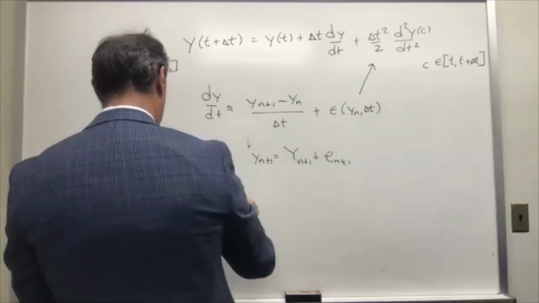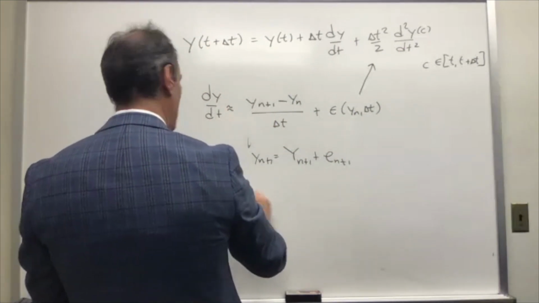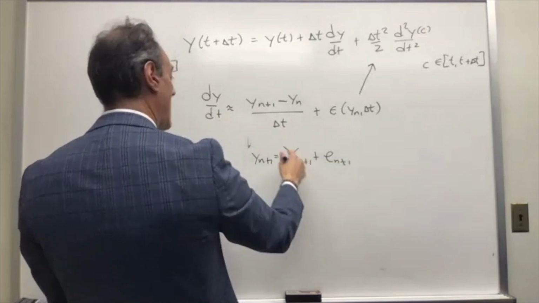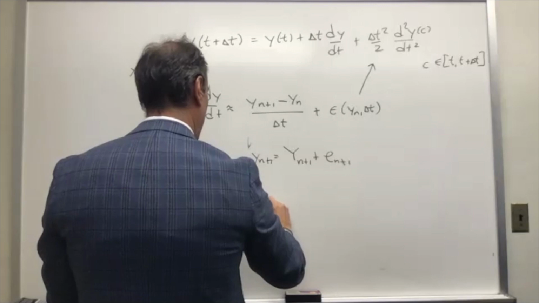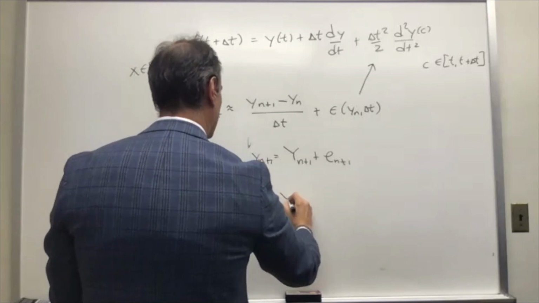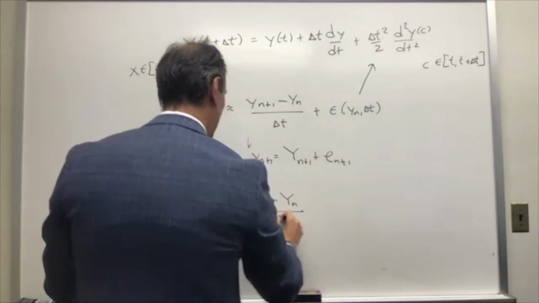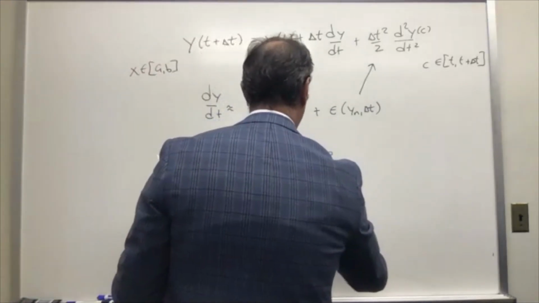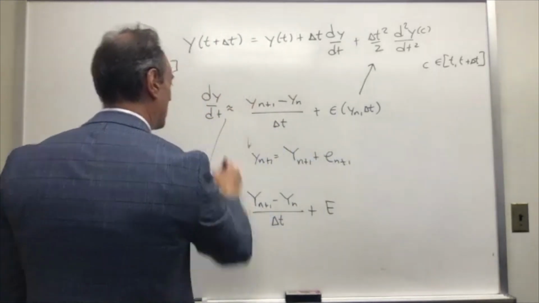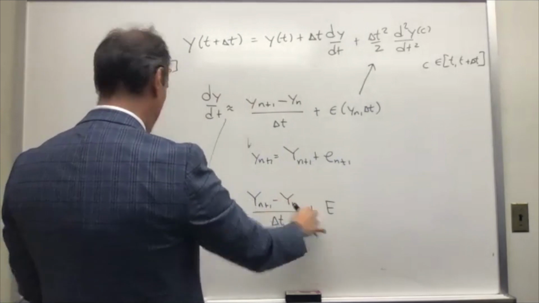When I compute this, I get something like this plus an error term. This is my approximation to the derivative, the numbers I get from here plus some error term.